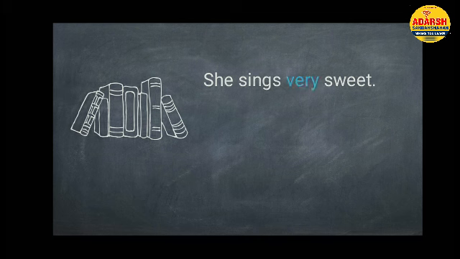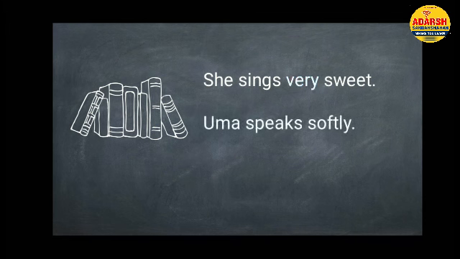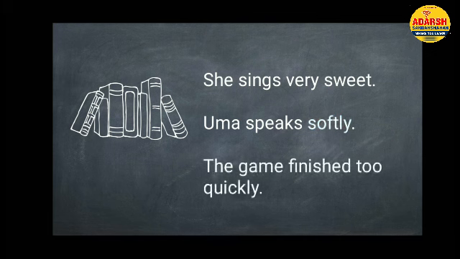Here, very is an adverb which is describing how sweet she sings. Let's look into one more example of adverb that is describing another adverb. Uma speaks softly. Here, softly is an adverb which is describing how Uma speaks.